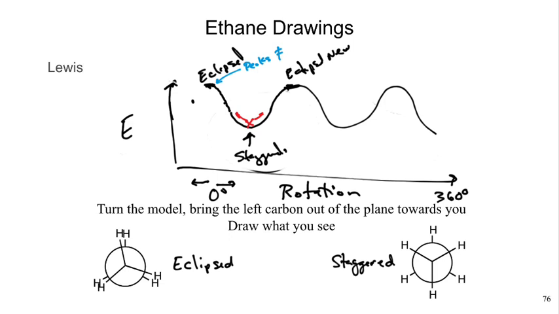If we look at this, referencing my right hand, these two, what is the interaction between them? Are they staggered or eclipsed? Cool, they're staggered. Everybody get it? Are they gauche?